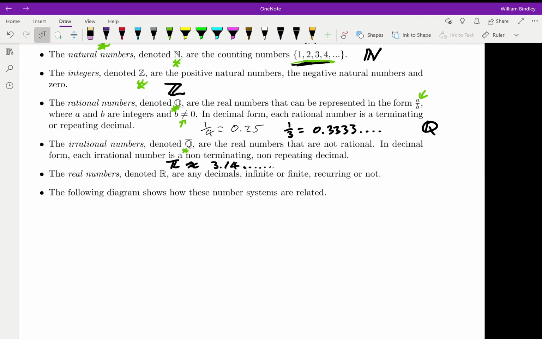Anyways, the way we write the symbol in handwriting for irrational numbers is just like the rational numbers. We draw a Q, but we draw this squiggle on top. I'll draw it a little bit better, and that's called a tilde.